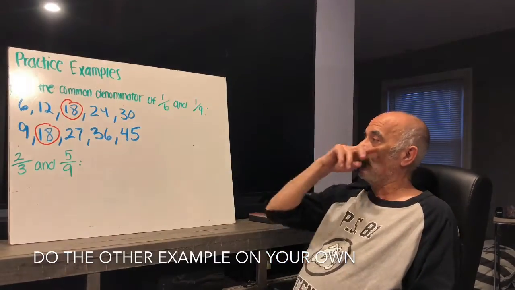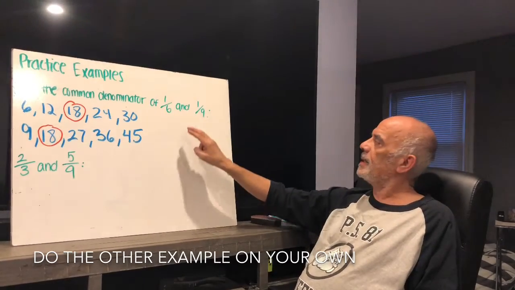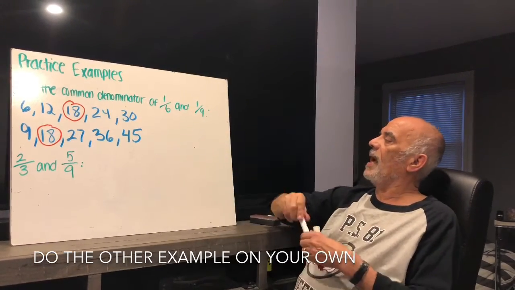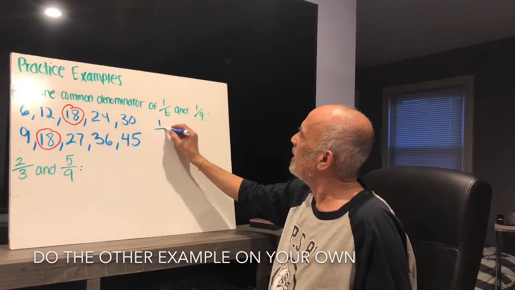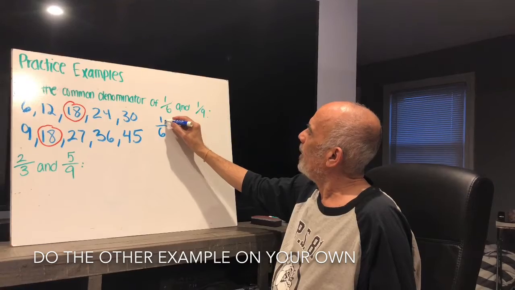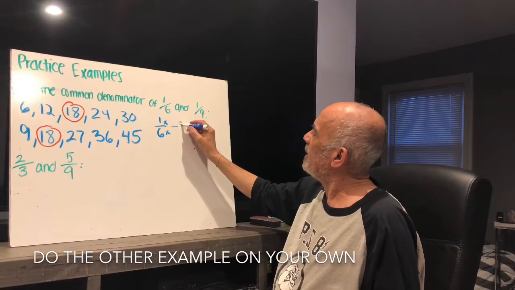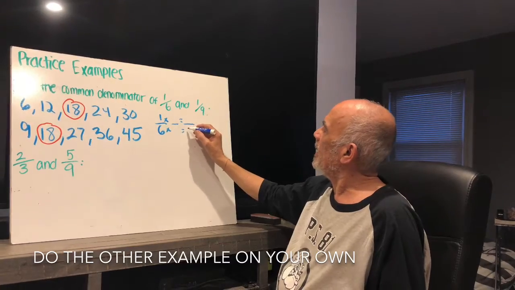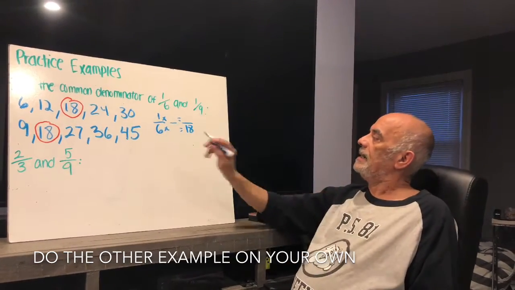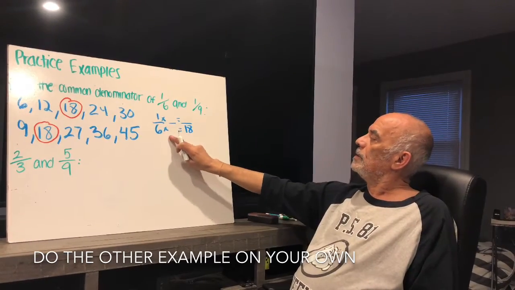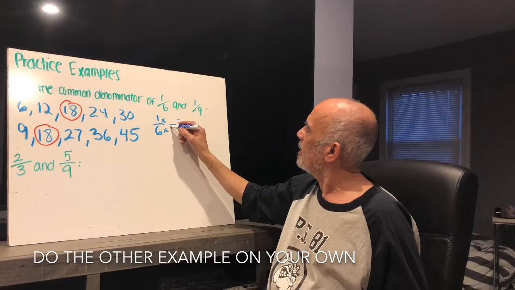So now, step number 2, we rewrite the fractions with the common multiple. So let's look at 1/6. What number do I multiply it times to get 18 as a denominator? 1, 2, 3. 3 times.